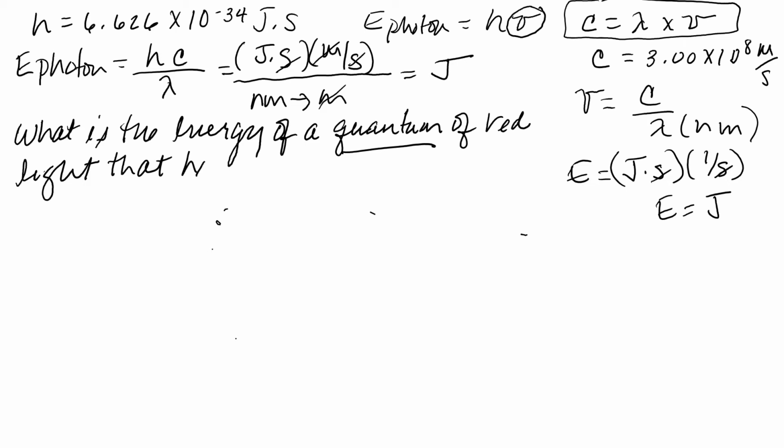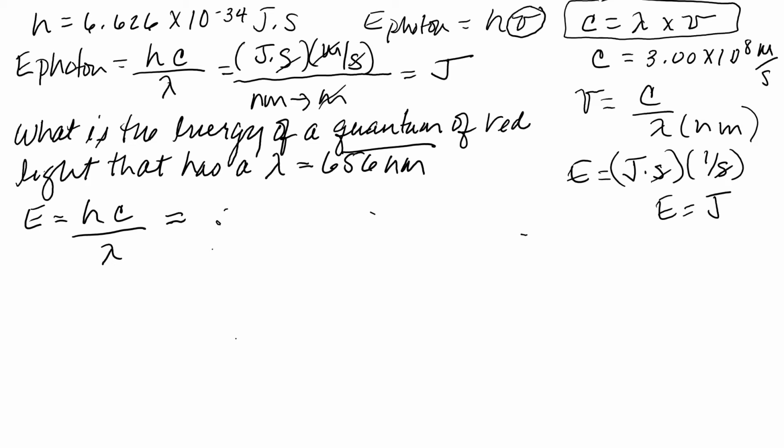That has a wavelength, or lambda, of 656 nanometers. Because we're given lambda and not frequency, we need to use E equals Planck's constant times the speed of light over lambda. But we need to convert those nanometers to meters.